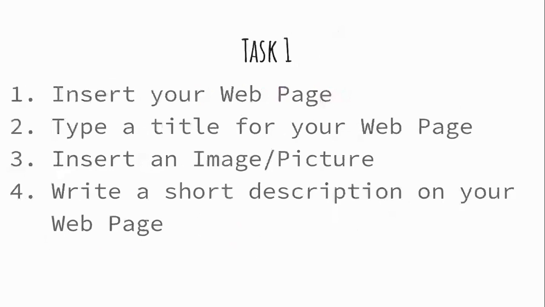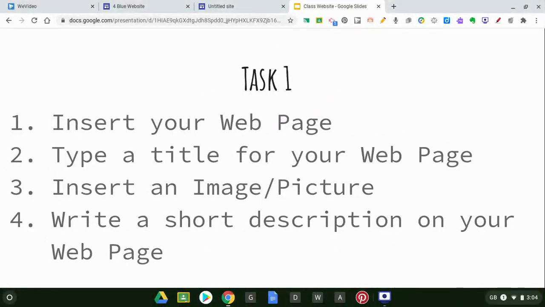Then after that, you will write a short description about your web page, what your web page is about. So your web page is going to contain information about artifacts. Your description should tell us that. So let us look at what you are meant to do.